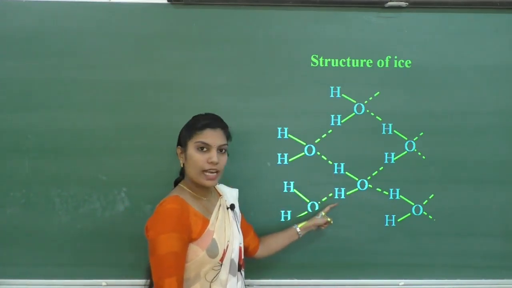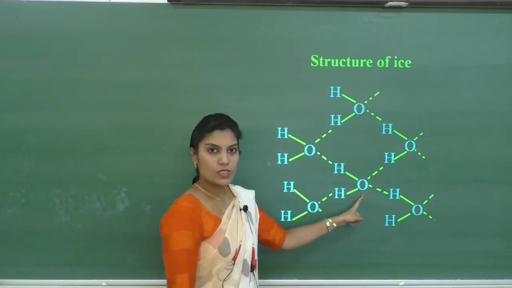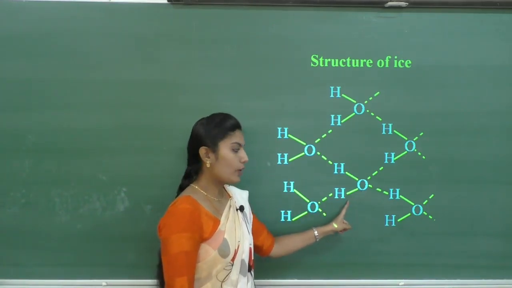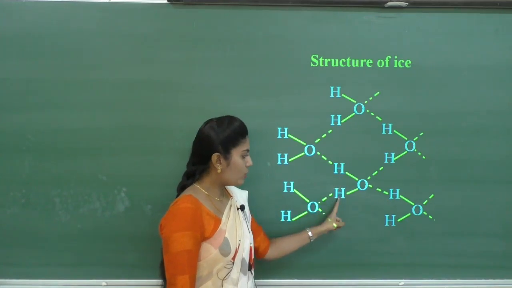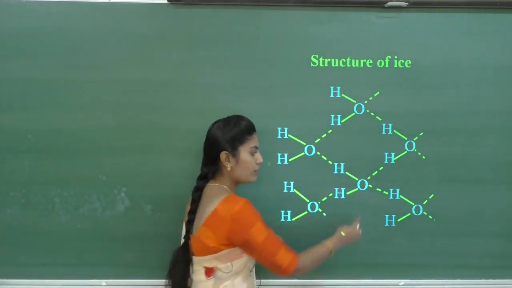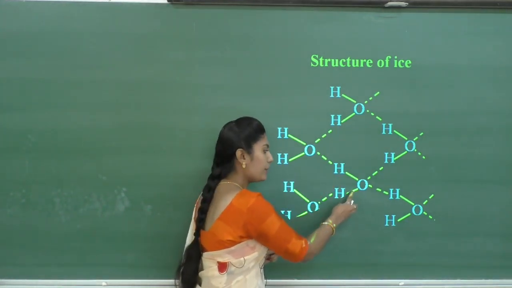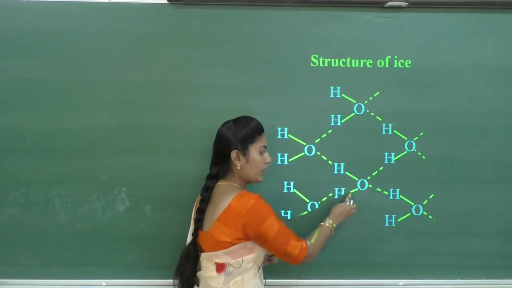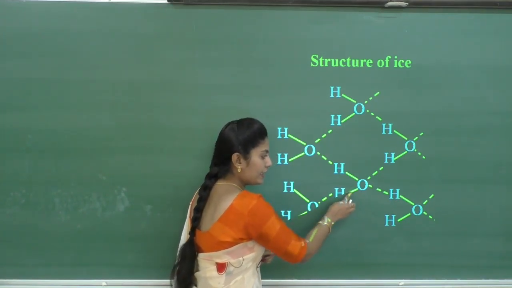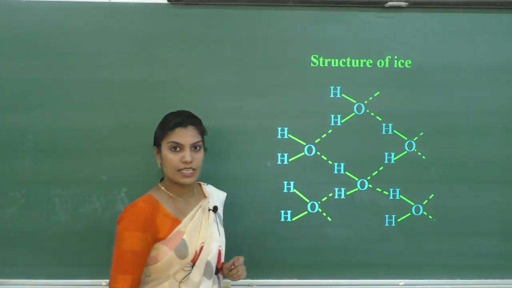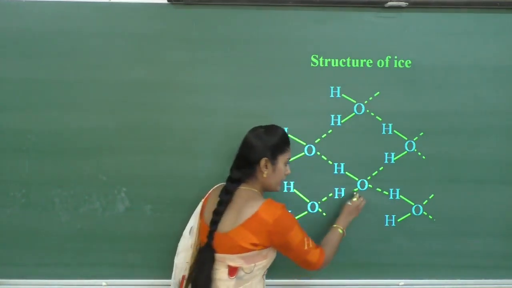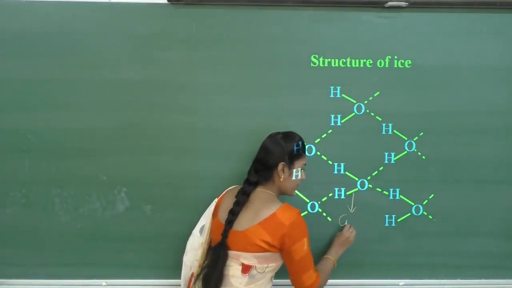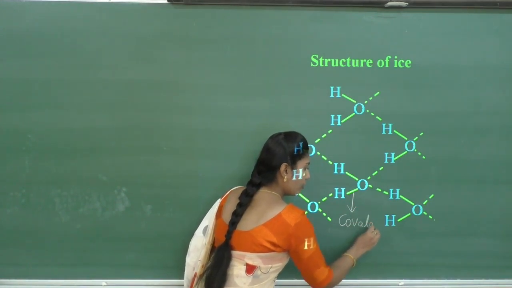Two hydrogen atoms are bonded to the oxygen by a covalent bond. This solid line represents the covalent bond.